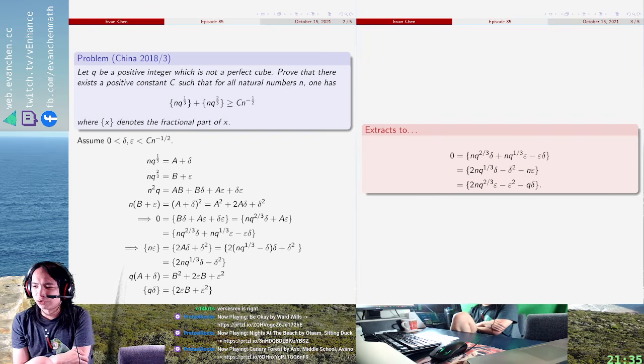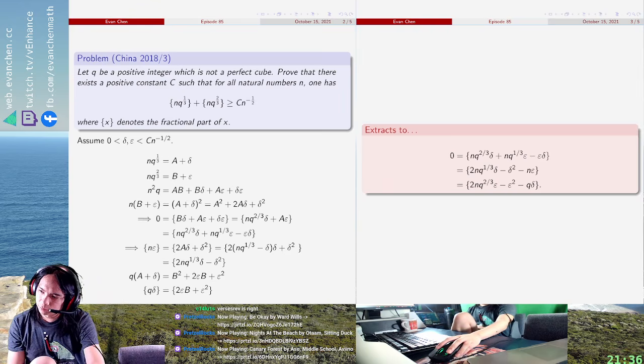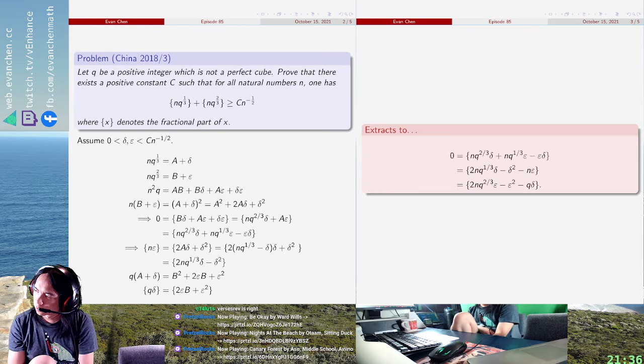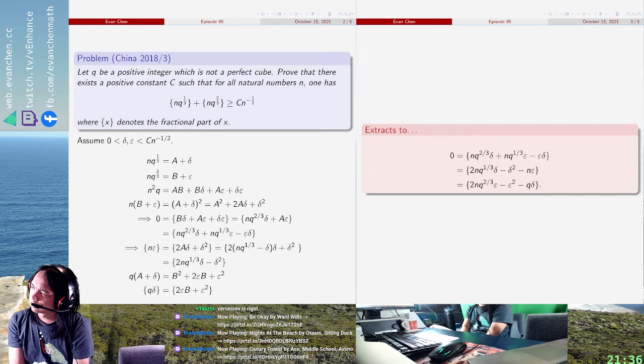I feel like I have to square something though, because I need to do something about this 1/3, 2/3 business. I feel like multiplying here was a good call. I might have to square again. No, wait, that doesn't even work, right? Because then I get delta squared, n squared delta squared. That's not the thing I want.